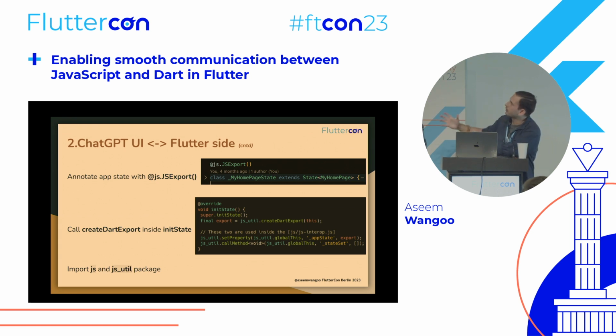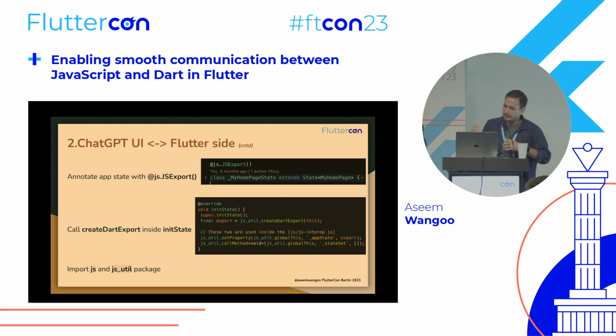So we continue into the second step. We come to the Flutter side. In the GPT, we have two files, the gpt.dart and main.dart. In the gpt.dart, we create a stateful widget, and each stateful widget has a state object. That object, we have to export it to the JavaScript side using that annotation, JavaScript JS export.